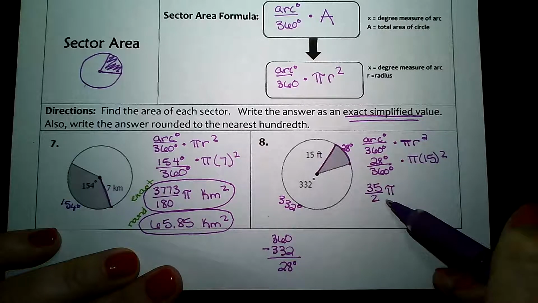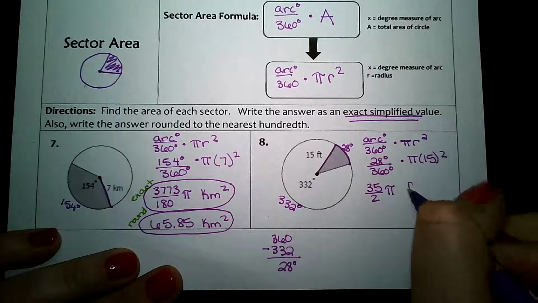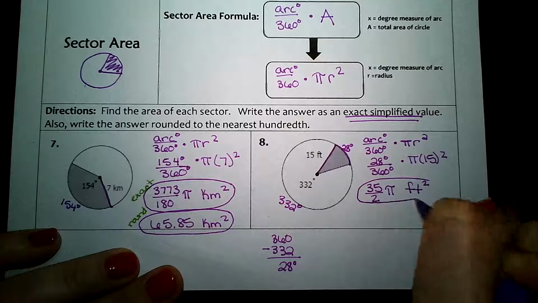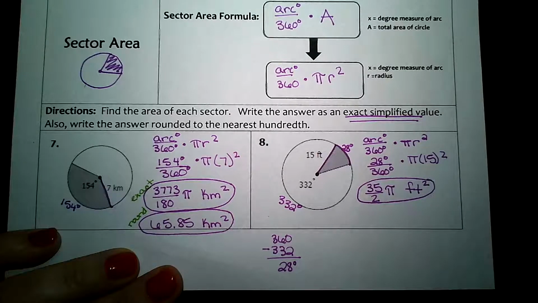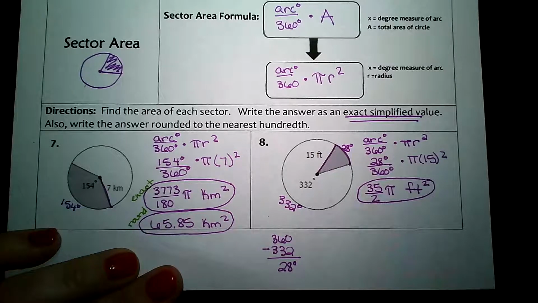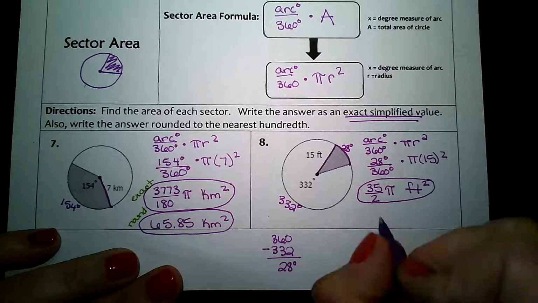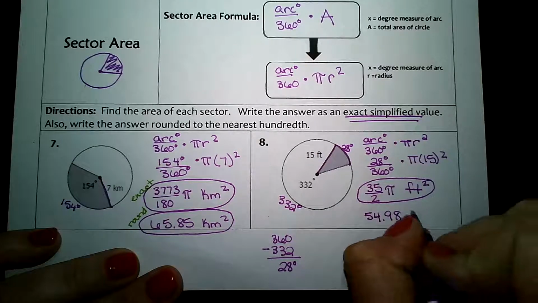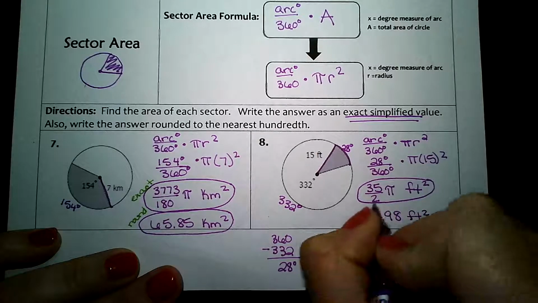My exact answer is 35 over 2 pi feet squared. To get the rounded answer, I simply multiply 35 over 2 times pi. That gives me 54.98 feet squared.